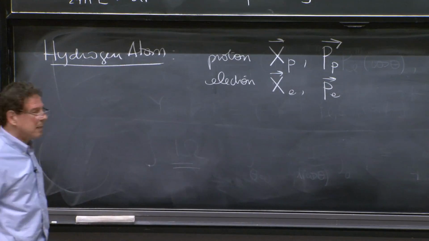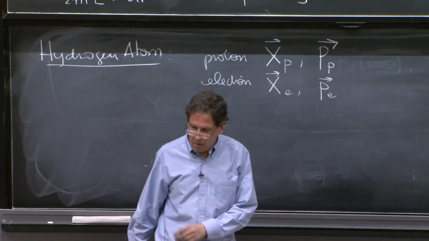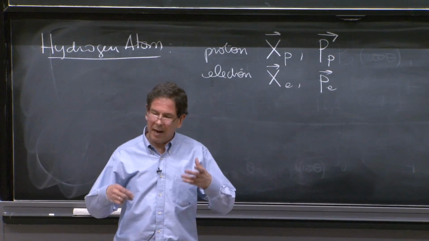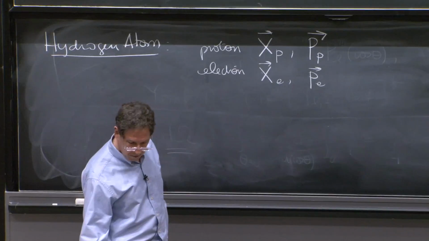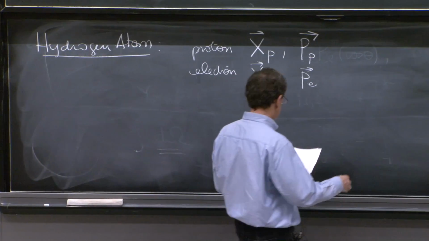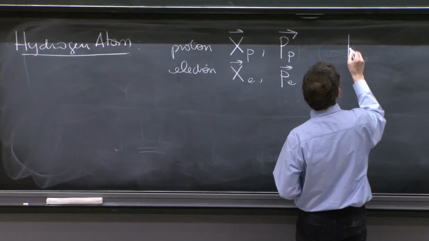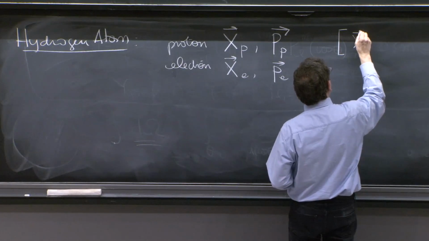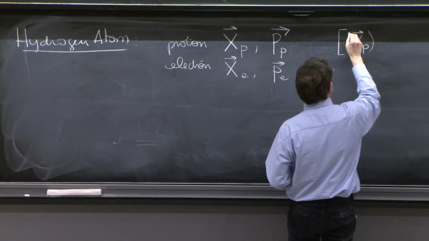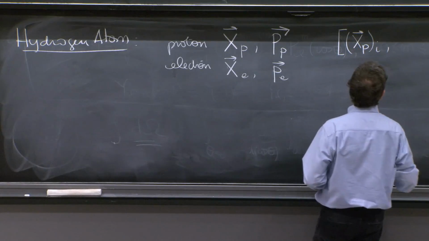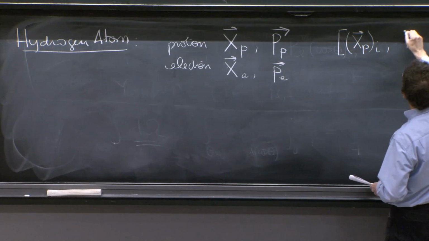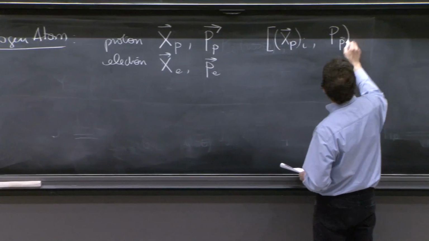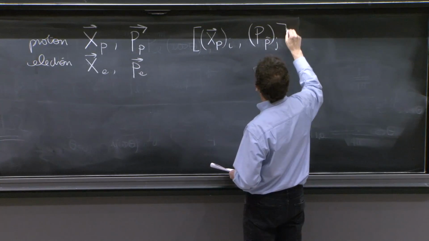This means that the components of this object satisfy the standard commutation relations. That is, I have to write it like the following. Consider the coordinates of the proton, the ith component, and the momentum of the proton, the jth component.